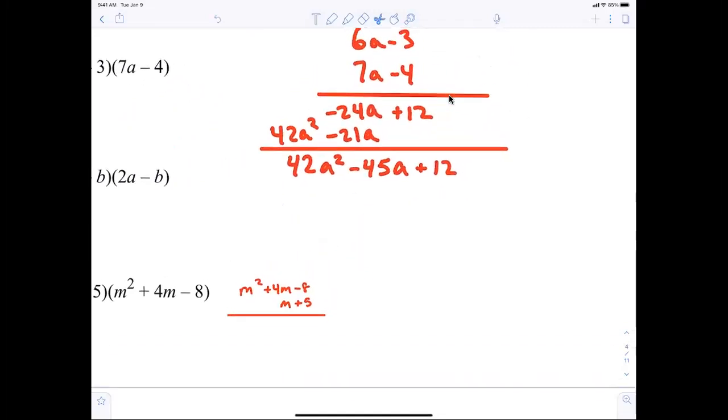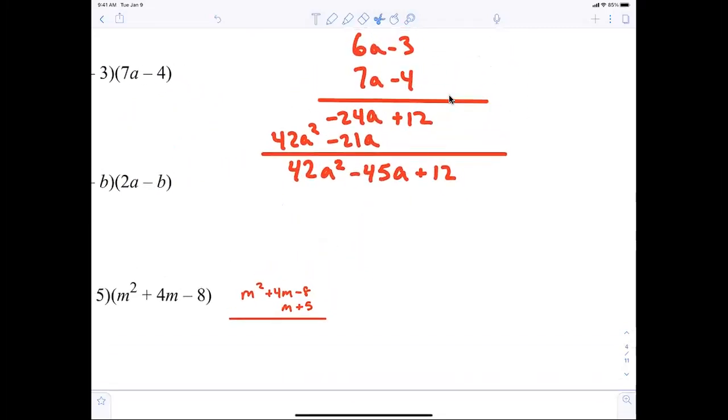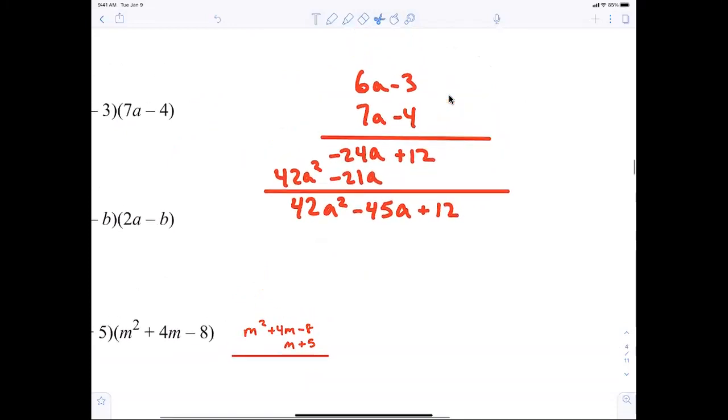Remember, when you add, they stay the same, but when you multiply, you add. Do you agree? So just to make sure you're hearing me, 6a times 7a is 42a squared. But if I were to add, that's telling me how many total a's I have. You with me? Good question.